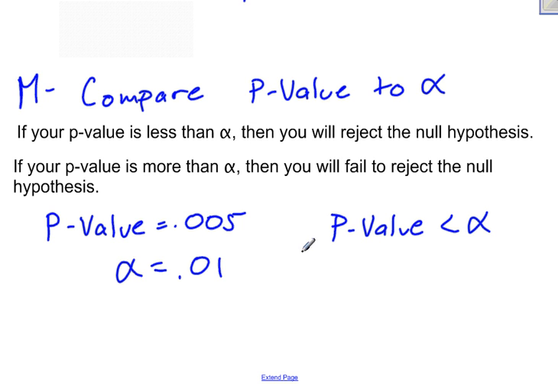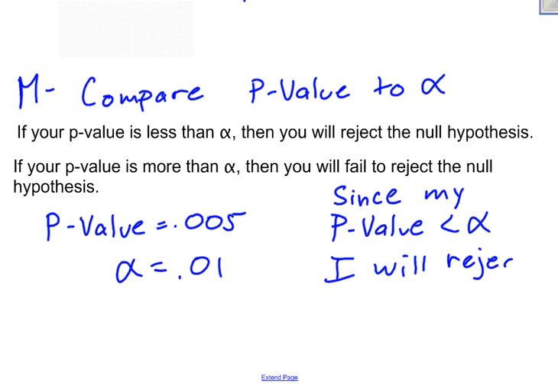That means I am going to reject my null hypothesis. So this is how I would say it. Since my p-value is less than alpha, I will reject the null hypothesis. And you can just write it out as a symbol, H naught or H sub 0. I will reject my null hypothesis.